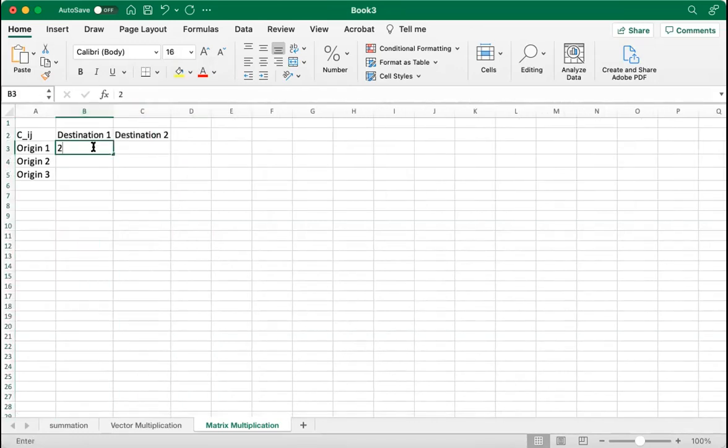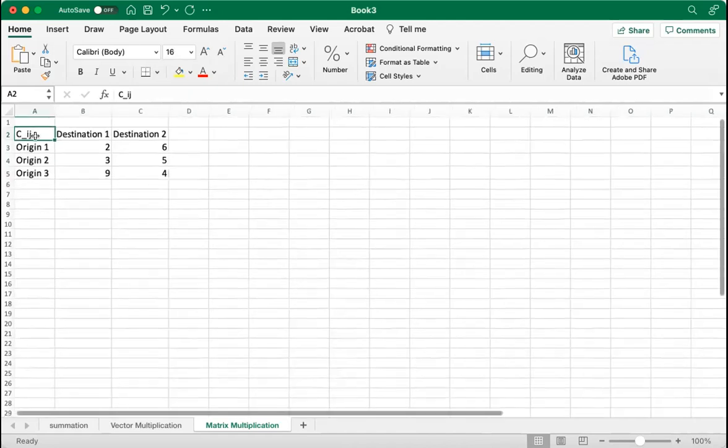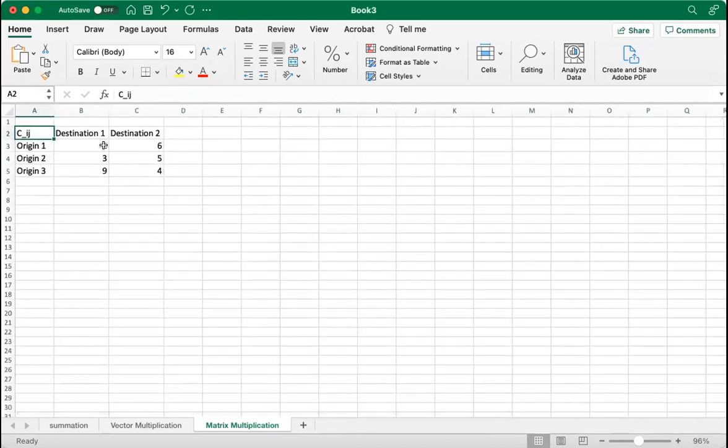Destination 1 cost was $2. To destination 2, $6, $3, $5. I'm just copying down from my notes, right? So this was the cost matrix or cost table, giving us exactly the unit cost between origins and destinations.